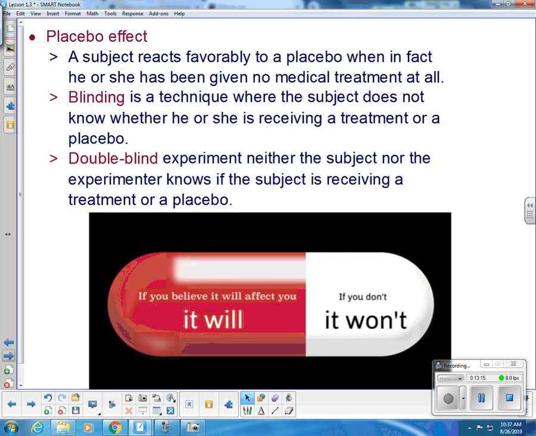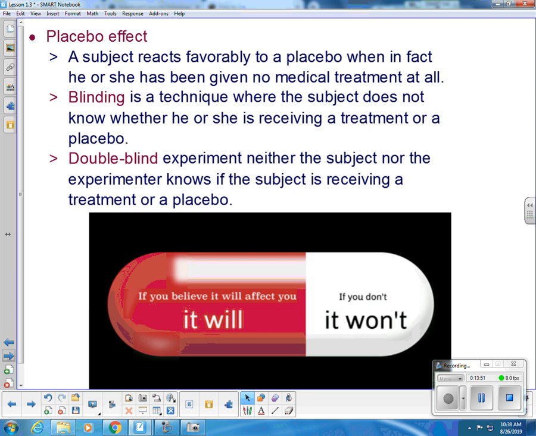Placebo effect. A subject reacts favorably to the placebo when in fact he or she has been given no medical treatment at all. So that happens. Okay? So you want to do a blinding technique. So you don't know whether you're getting the placebo or not. Okay? If it's a double blind, not only do you not know, but the experimenter who's in charge doesn't know.